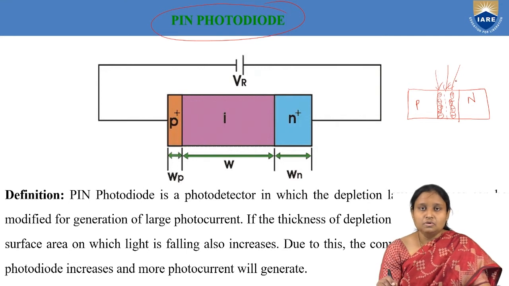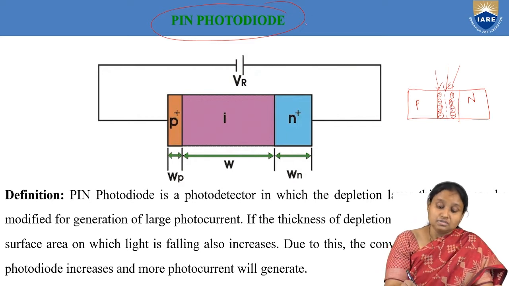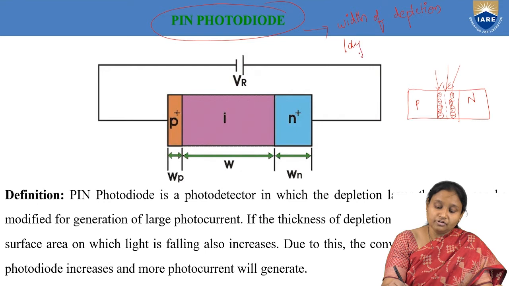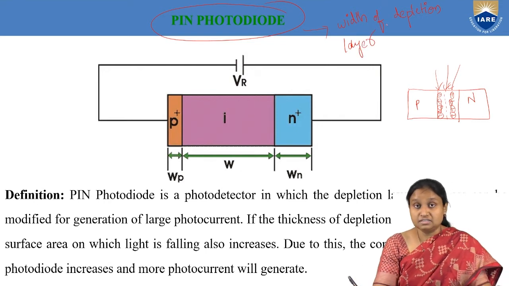Now what you will observe here is, in this PIN photodiode, we try to increase the width of the depletion layer. So the width of the depletion layer is increased.